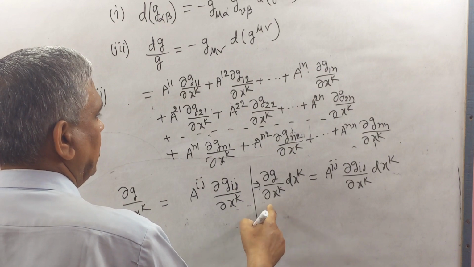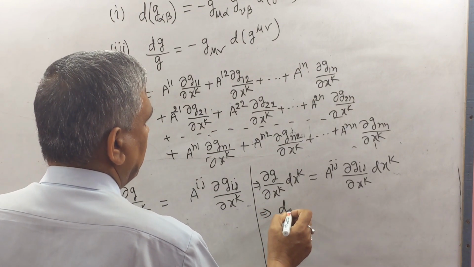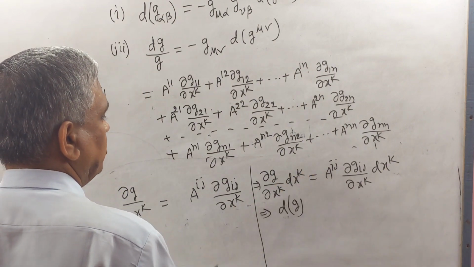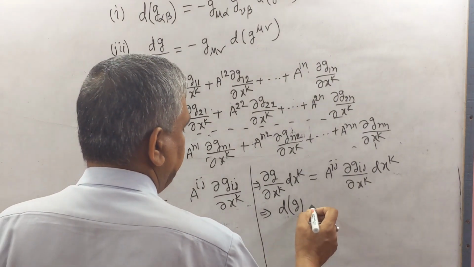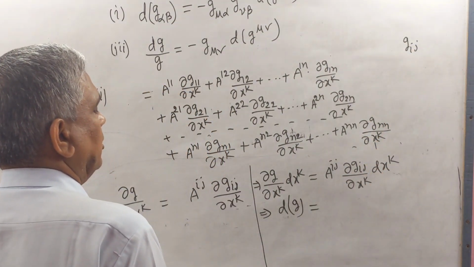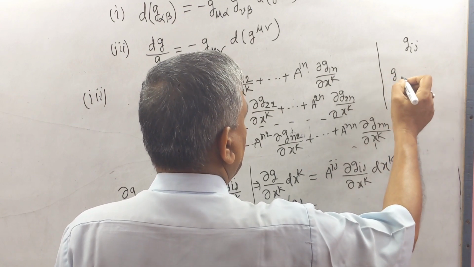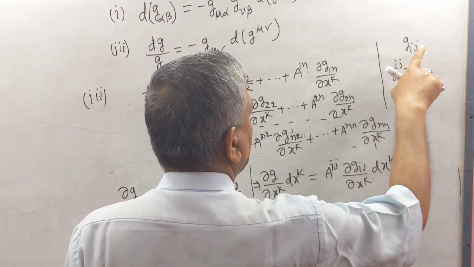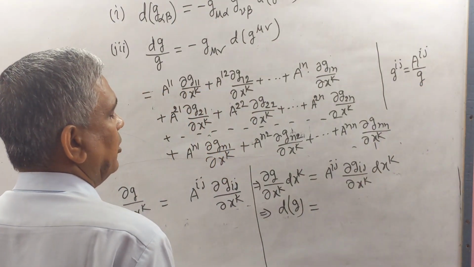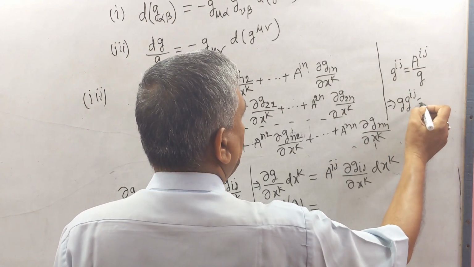Value of this will be dg, as this is k equal to 1, 2 and so on, and right side this is the cofactor of gij, and we know that g^ij equal to Aij by the determinant, implies that Aij equal to g g^ij.